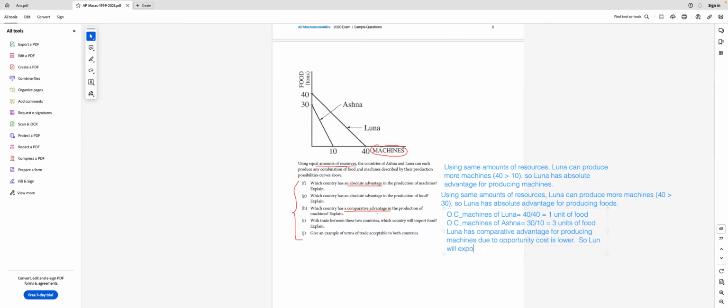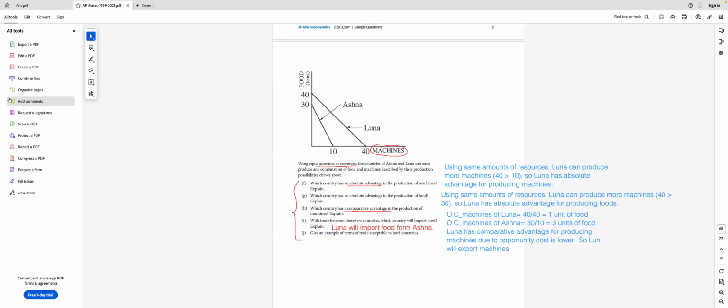Then we can more easily answer the next question. Because Luna is exporting machines, Luna will import food.